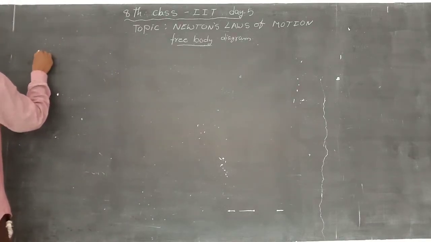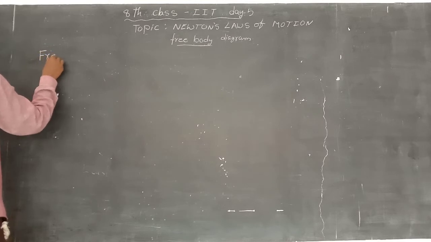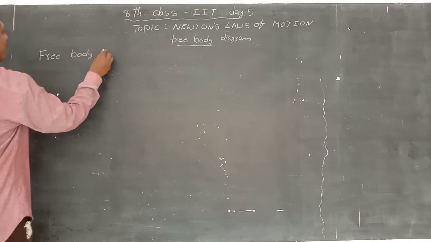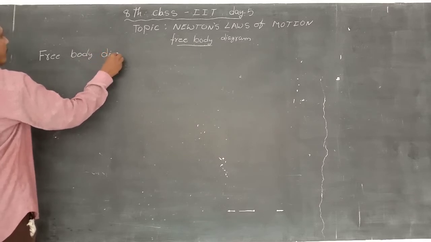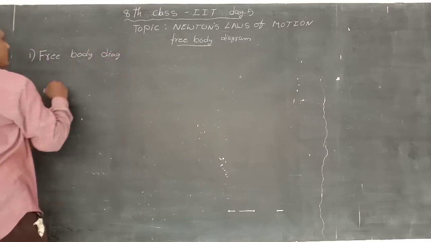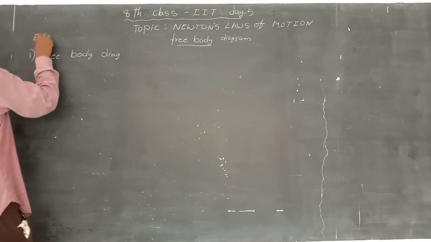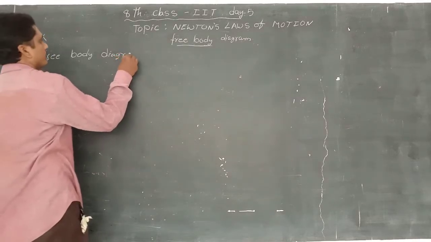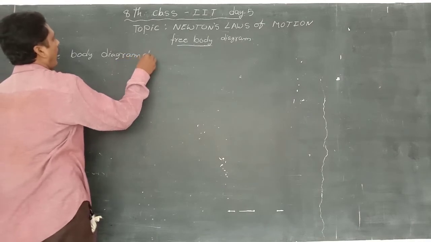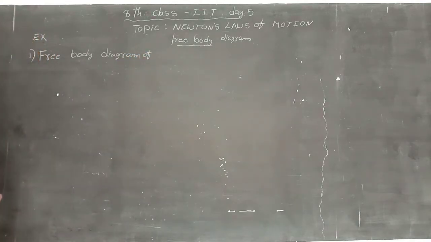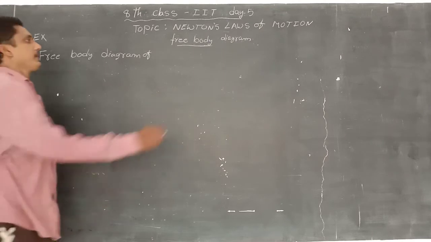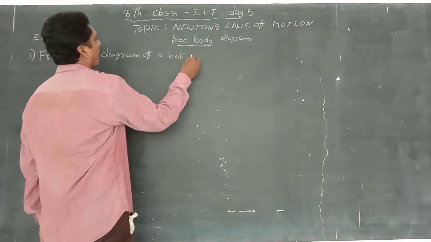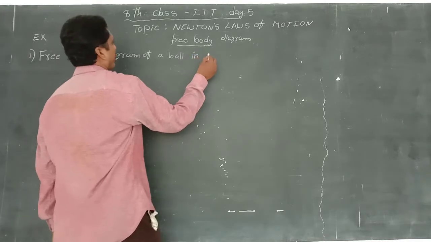First example: free body diagram of a ball in a gravitational field.